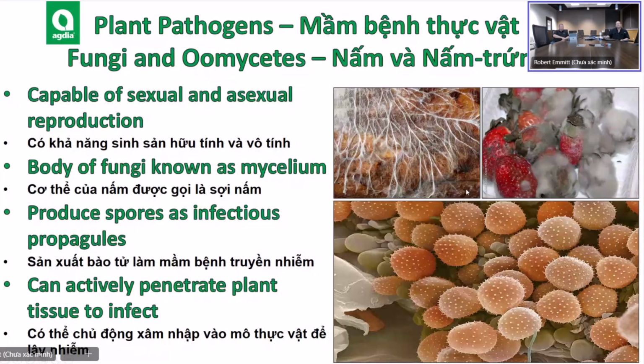But what happens is the mycelia produce spores, the spores land on a plant, they germinate, form more mycelia, and the cycle continues. Out of the pathogens we're talking about, fungi are the only ones that can actively penetrate plant tissue to infect the plant.